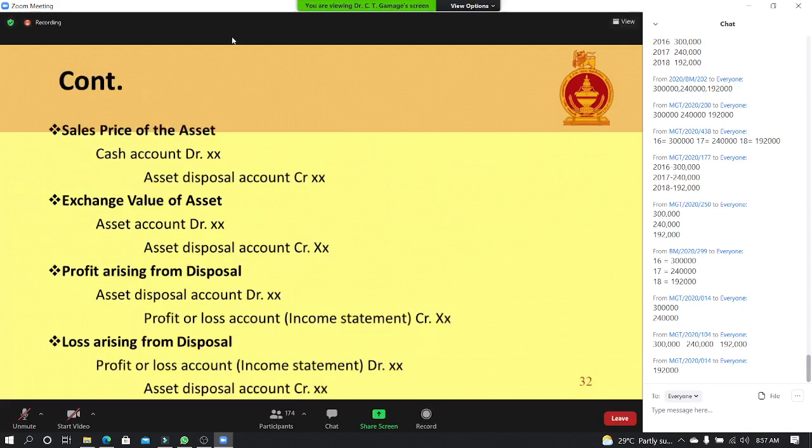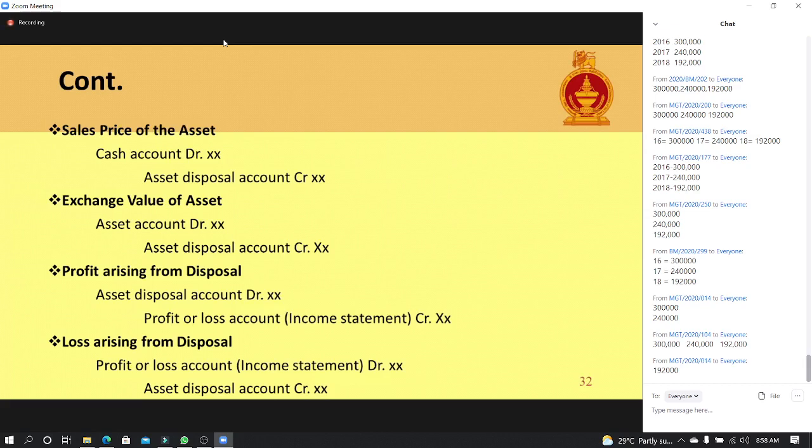Okay. Then the selling price, if we get cash, we debit the cash account and we credit the disposal account. If we exchange, those values are like that. So there may be a profit or loss. If there is a profit, we enter this in the income statement.